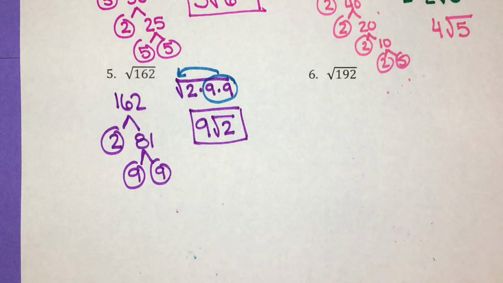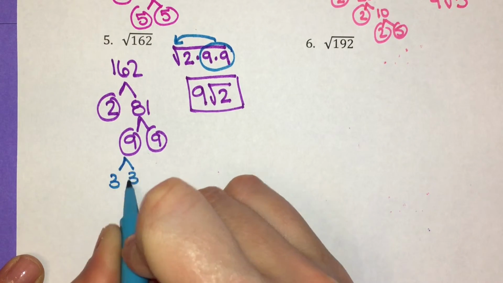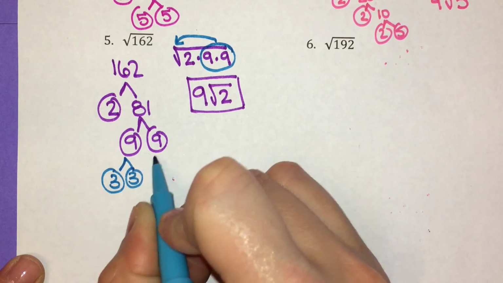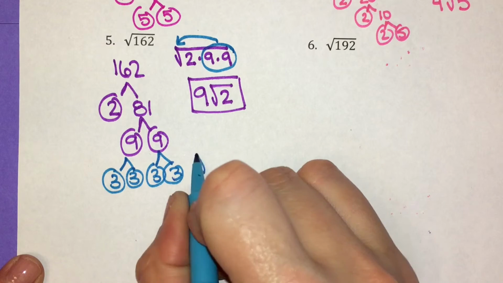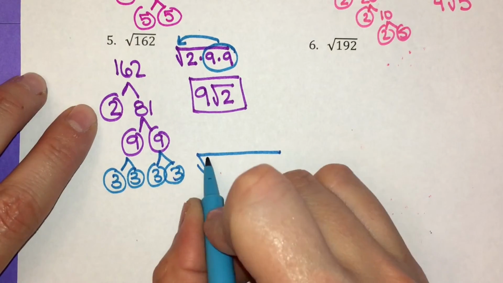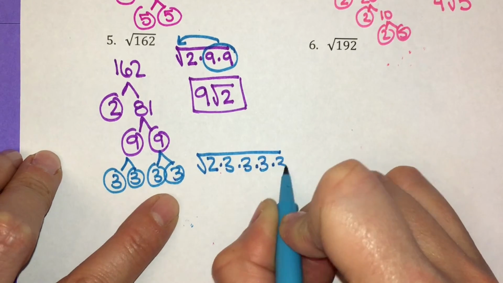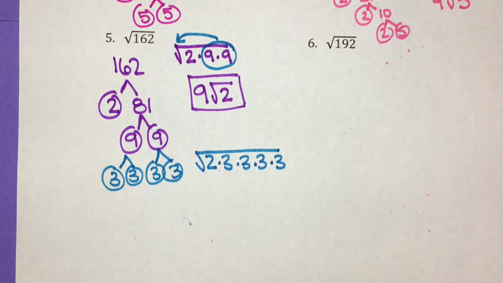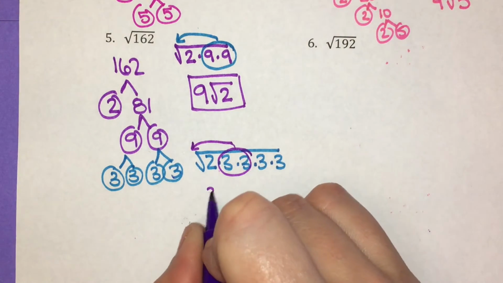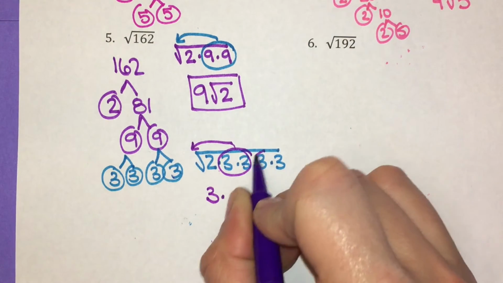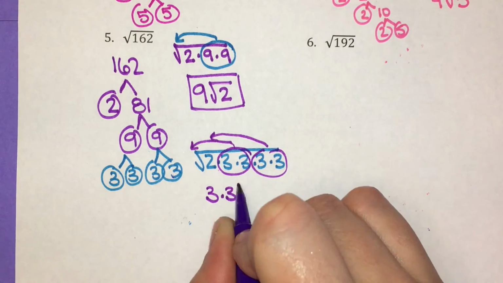If you broke it down all the way, I'm just going to show you. 9 gives me 3 times 3 is 9, and over here 3 times 3 is 9. If you did it this way, you would get the square root of 2 times 3 times 3 times 3 times 3. So here we have a pair of 3's multiplied by themselves, so pull out a 3, times another pair of 3's, so pull out another 3.